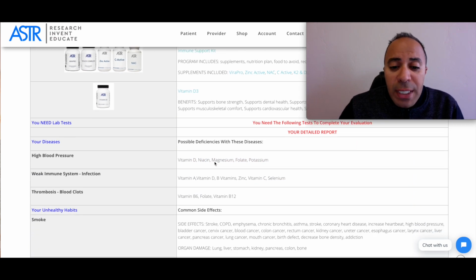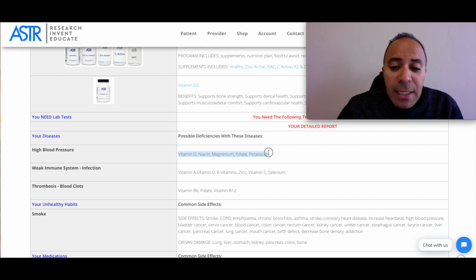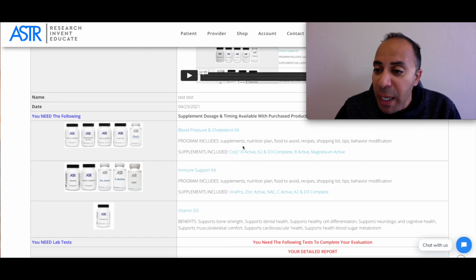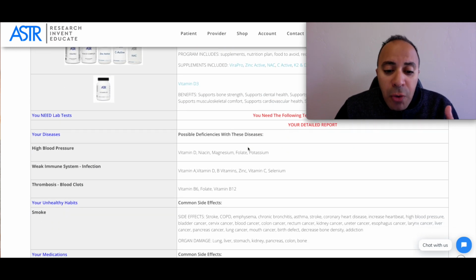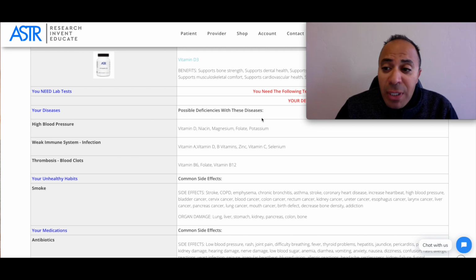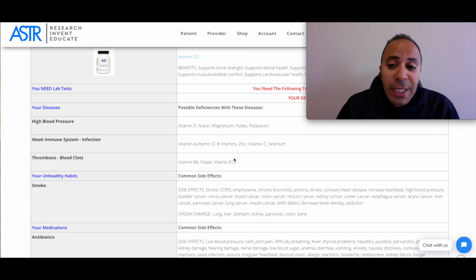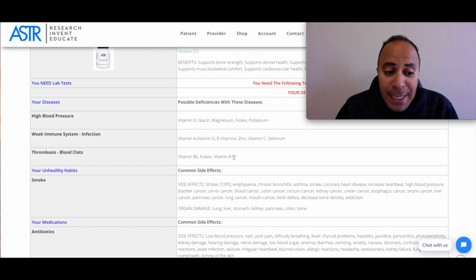And as you notice here, the supplements related to the deficiency or the disease are the same supplements that are recommended by the system. Our team reviewed over 18,000 studies before implementing that program, and there is also very intense research behind the databases that we included in the system.